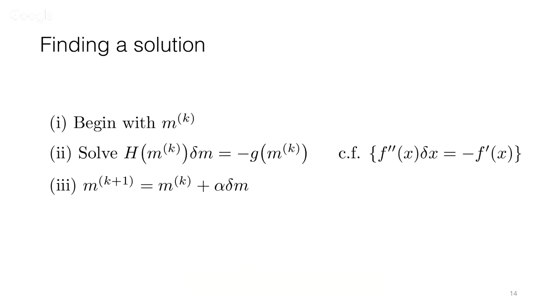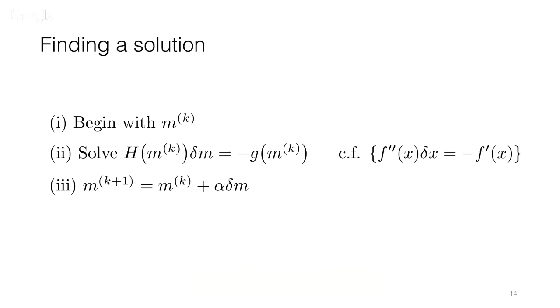This is exactly the same as we had before. Here is the one parameter case, F double prime delta x, which is like H delta m, and then minus G, which is minus F prime. So the simple parts are identical.